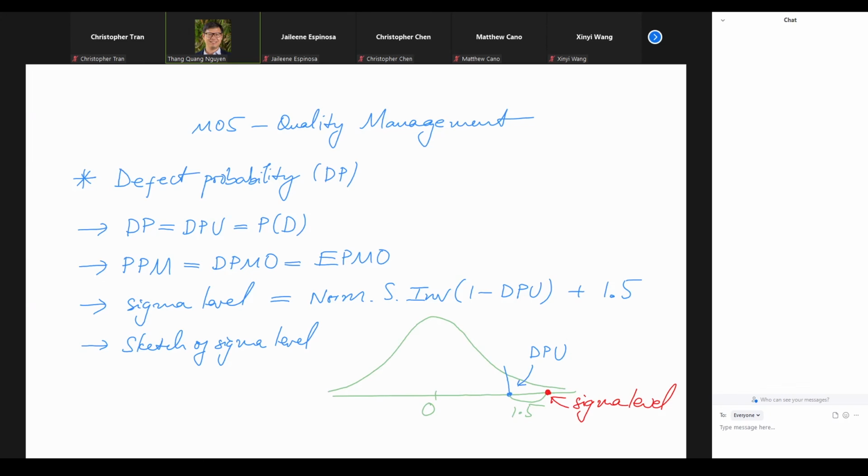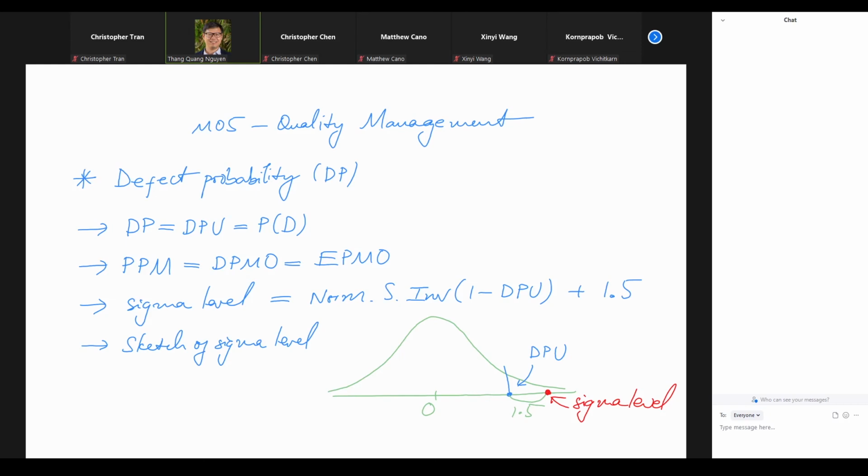And we want the sigma level as big as possible, because if we have a big sigma level, then the DPU will be small. So a high sigma level signals that our defect probability is small. That's why we want to have higher and higher sigma levels over time.